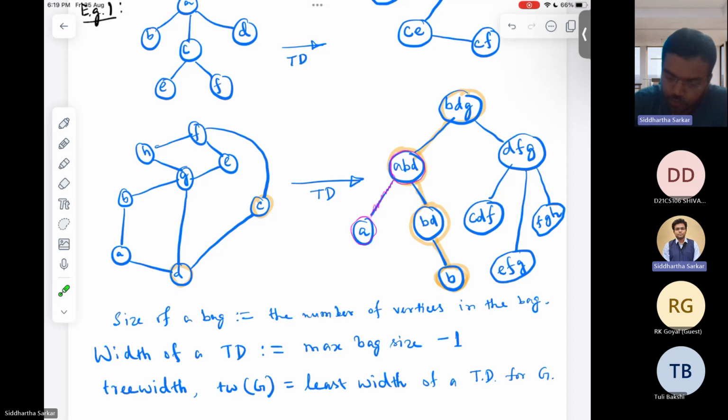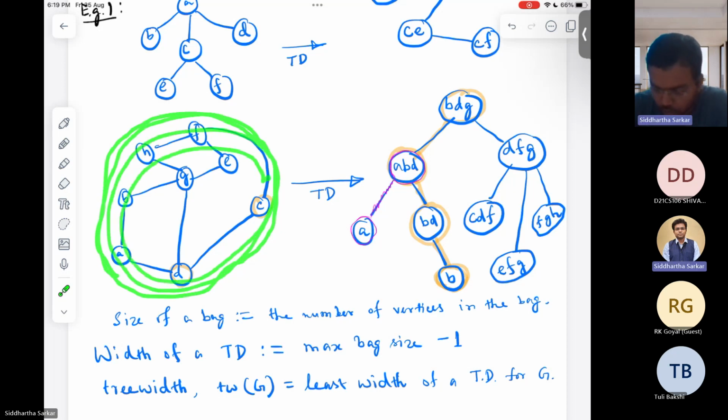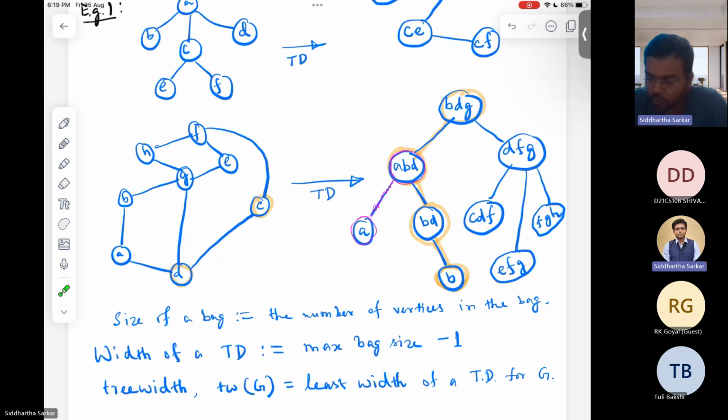As I said, if you place all the vertices of a graph in one bag, that is also a valid tree decomposition, but the width will be n minus 1 if there are n vertices. We will be interested in minimizing the width of a tree decomposition. So that is desirable.